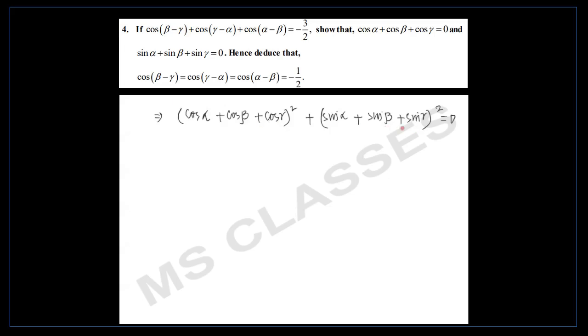That implies cos alpha plus cos beta plus cos gamma equal to 0. It has to be 0, otherwise you cannot get 0. And sin alpha plus sin beta plus sin gamma equal to 0. So that is the first part of the sum.